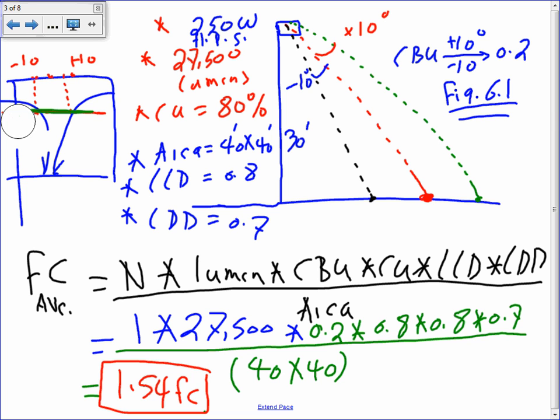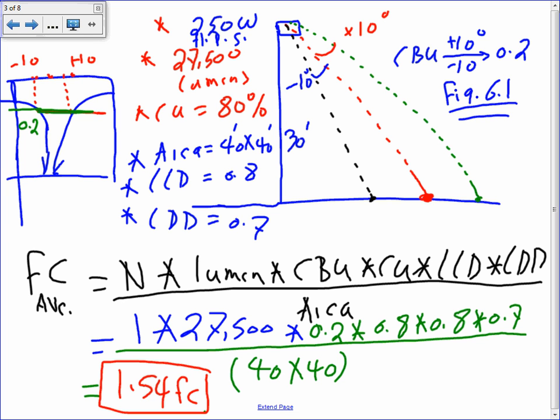That's where you get your point 2, right in here. I'm trying to graph it; you have it in yours. Give or take, this is my point 2, based on the aiming that I have. The good news for you is I will give you the coefficient of beam utilization for the fixture. You don't have to do that. Any comments, any questions?